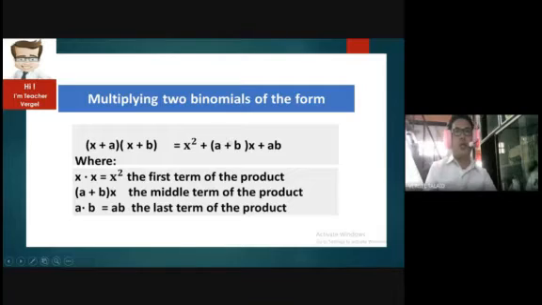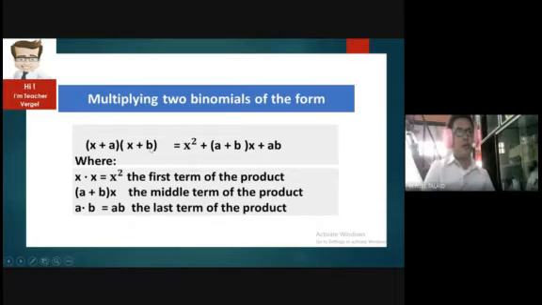Then to get the middle term, we simply add a and b. So a plus b, the quantity a plus b times x, is the middle term of the product. In other words, to get the middle term, you just add the constants, the second terms a and b. To get the last term of the product, multiply the constant a by b.